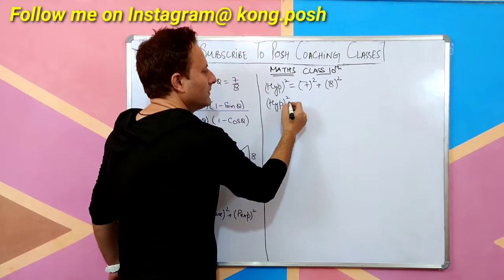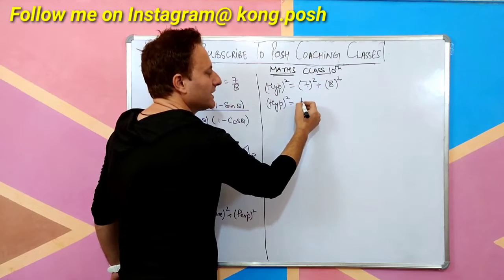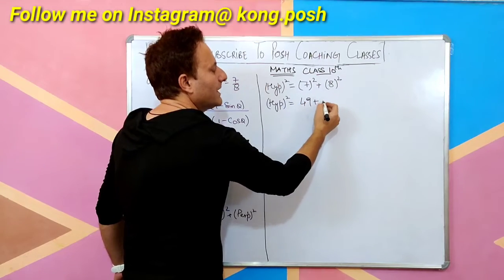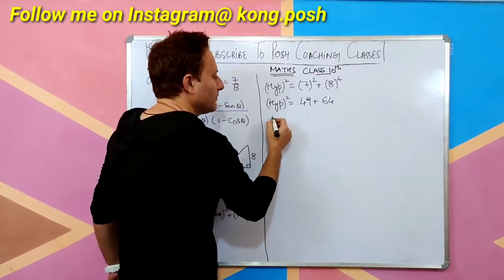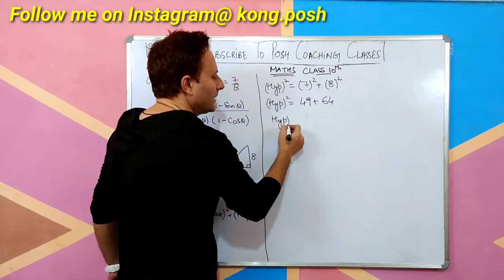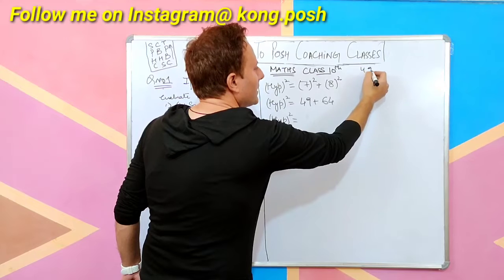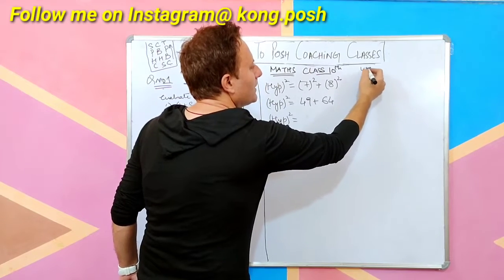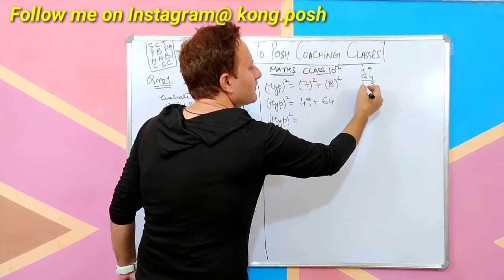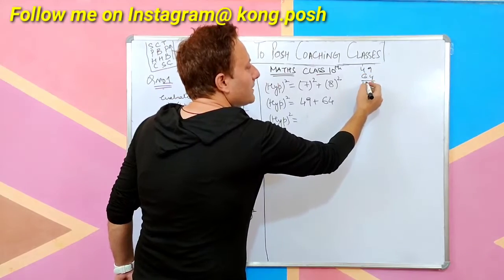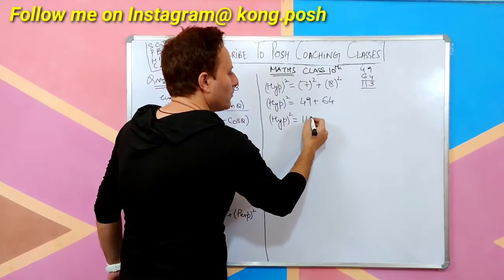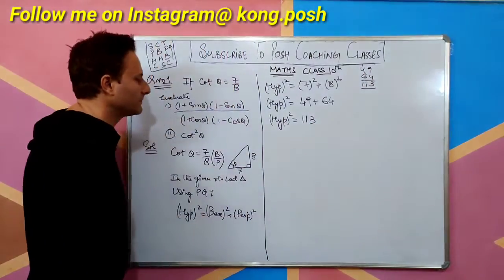Hypotenuse square, it means 7 multiplied by 7 is 49, and 8 multiplied by 8 is 64. If we add 49 and 64, we get 113, right?